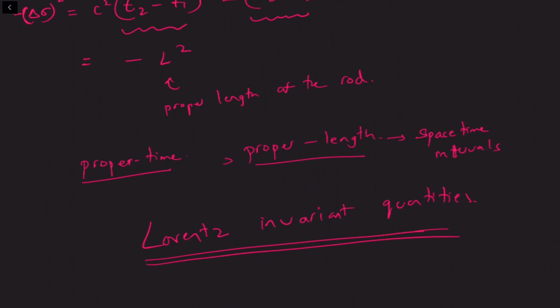That is, these quantities are exactly the same as described by all inertial observers. So again, proper times and proper lengths, which are specific cases of spacetime intervals, and all spacetime intervals are Lorentz invariant. All observers agree on the fact that spacetime intervals are exactly the same, where the spacetime interval is defined in a very specific way.